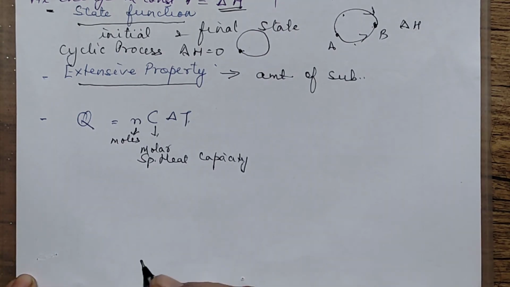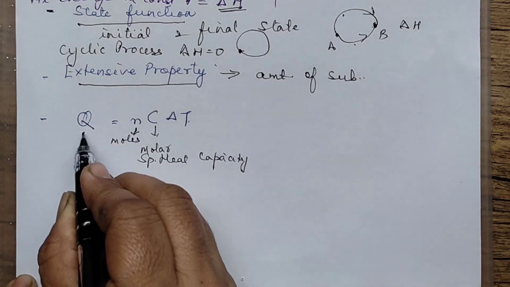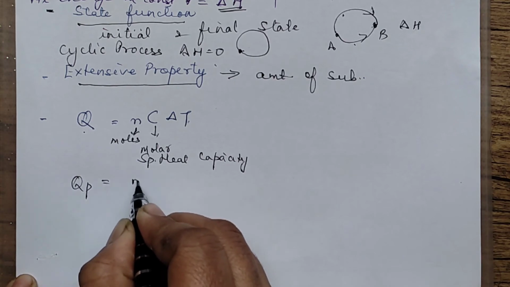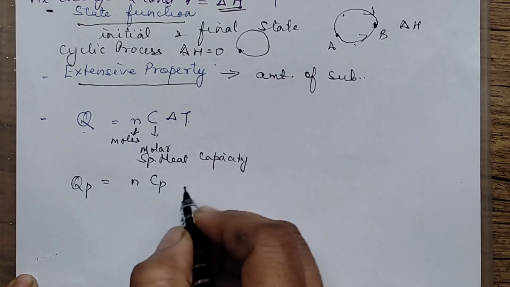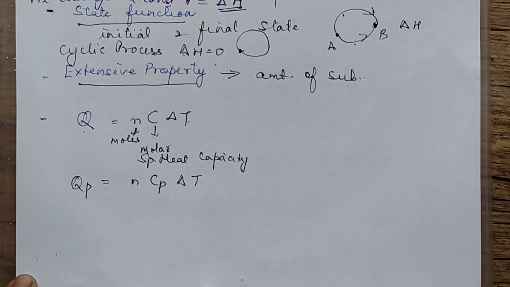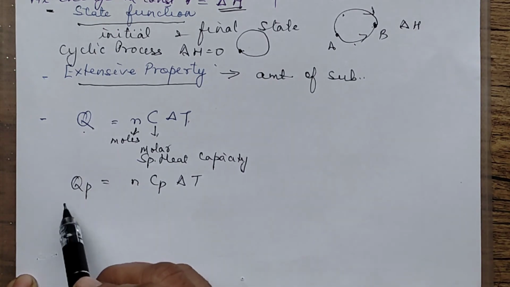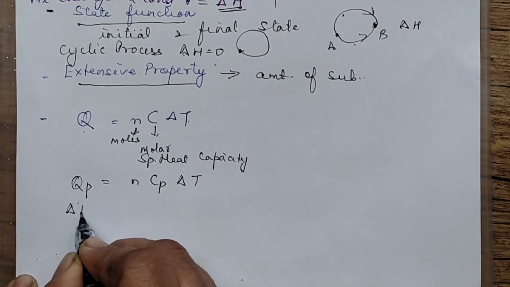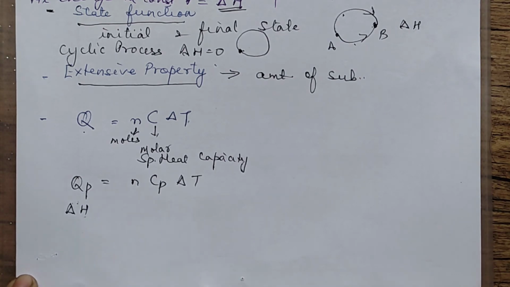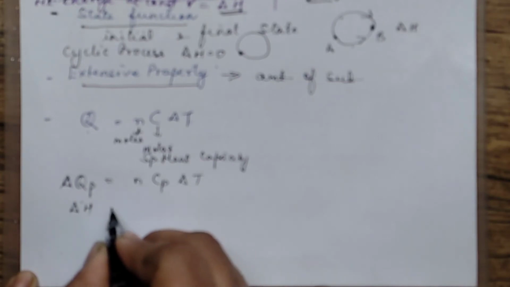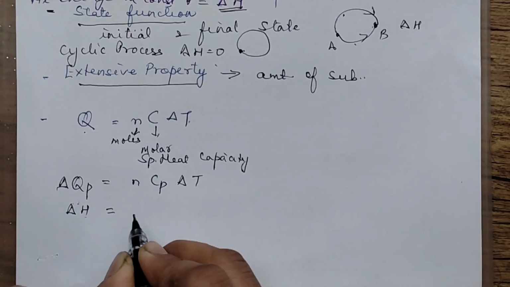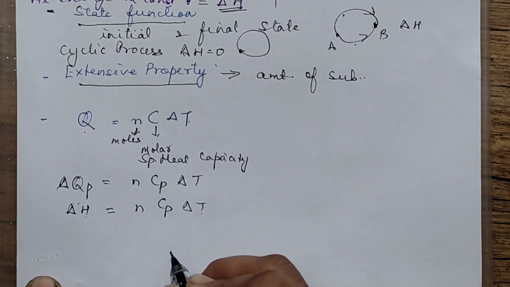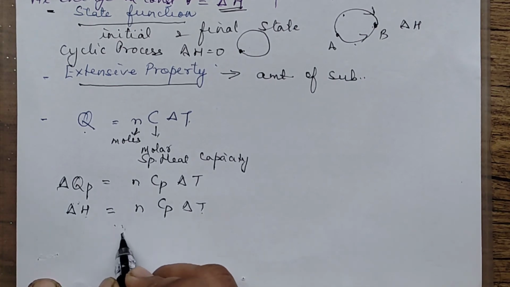If the heat change is measured at constant pressure, instead of Q we can write Q_P, and we write C_P and delta T. The heat change at constant pressure is also delta H, so delta H is equal to n C_P delta T. So this is another formula we got.